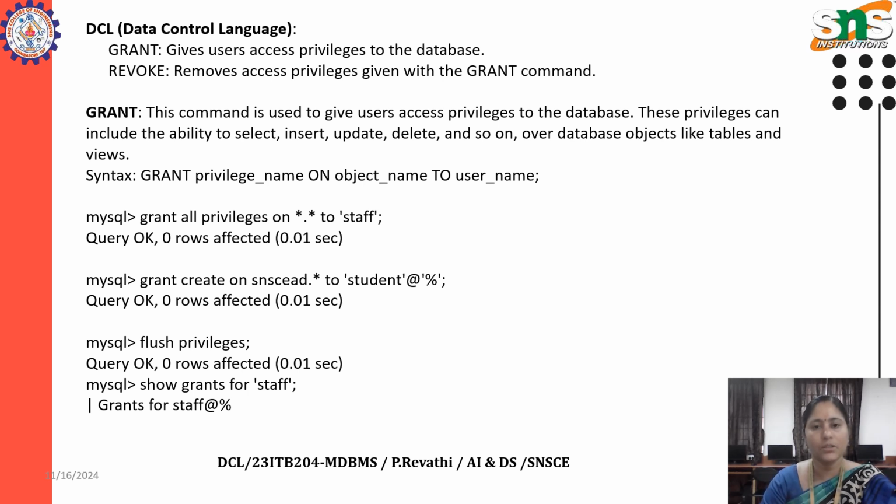For student user, we are giving only one permission, that is create permission. Grant create on SNSCE.* to student@'%'. Here SNSCE is the database name. We are giving the student user only one permission.